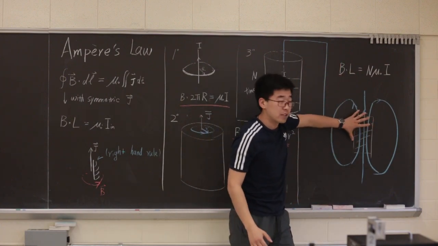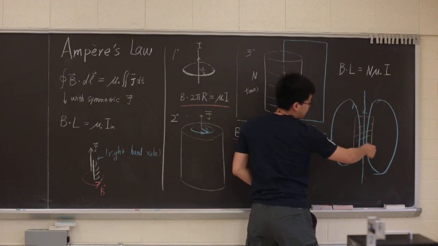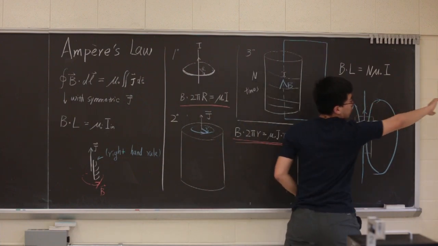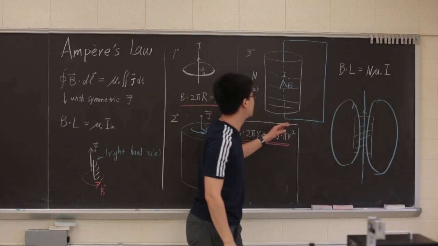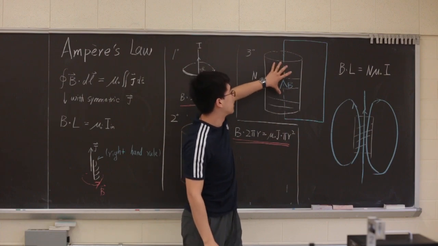For this solenoid, the B field is almost concentrated at the center, and if you have the line way far away, there's barely any B field. So you can just think there's only B field inside the solenoid.